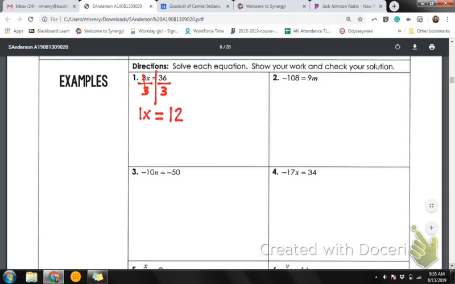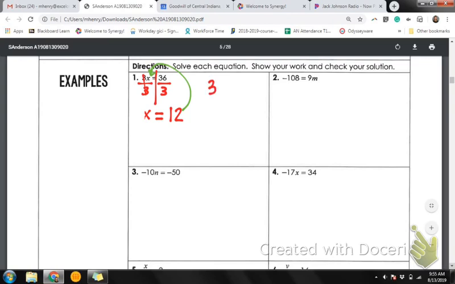Now, question. Do we have to put this 1x? Is it the same thing if I just put x? It is the same thing, which means x is by itself. All x's are always going to have a 1. So if we get it to be a 1, then it is, quote, by itself. If I were to check this, I'm going to plug my 12 in for that x.